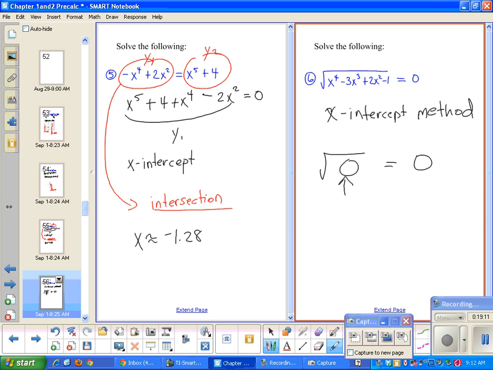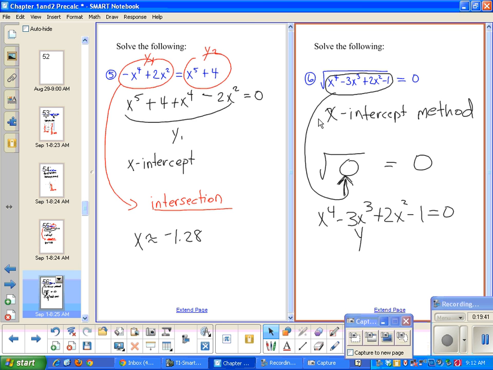That's the only thing that's going to produce a 0. So what that means is that whatever is in here has got to be 0. So we can take a shortcut. That means that we can get rid of the square root part and just say that what we know is that x to the 4th minus 3x cubed plus 2x squared minus 1 has got to be equal to 0. Put this in as our y, and we're going to find out what the x-intercepts are for that.